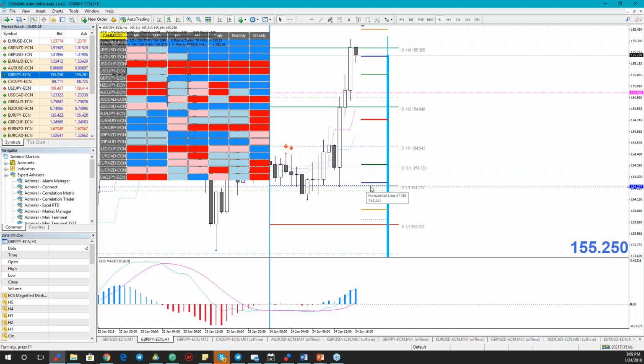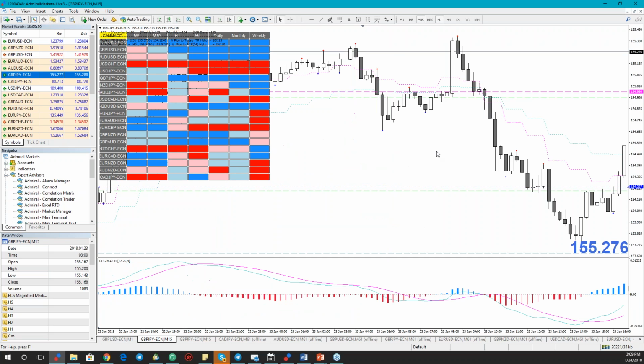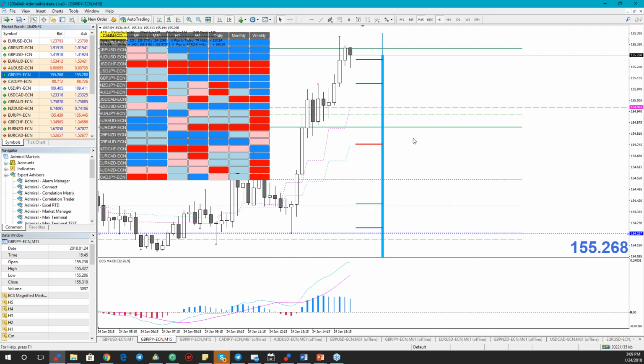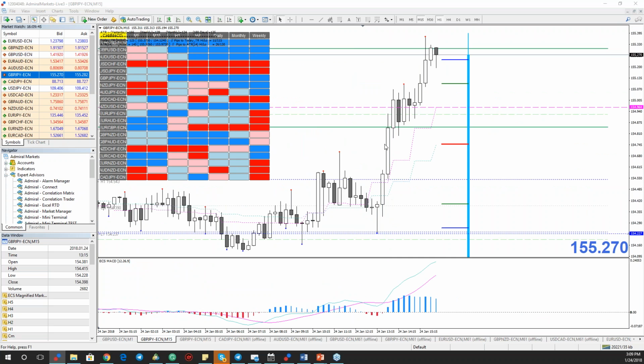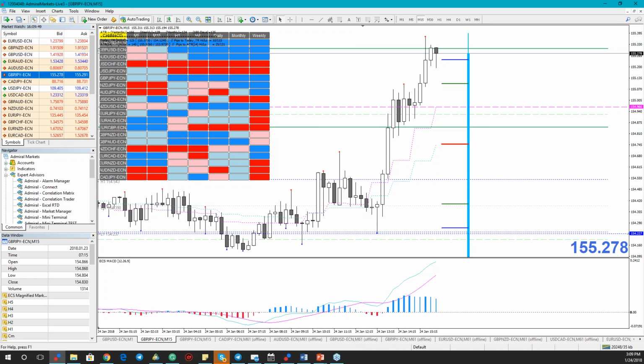I put my stop loss at 25, and I managed to grab 25 pips. Well, it's not much, I know, but the point is, it was good because it was the only sell. After that, you see what happened. So this was the only sell that could have happened. After that, we had buy, and buy only.